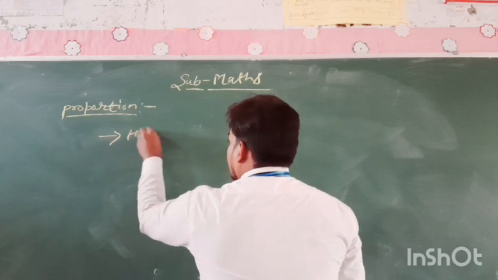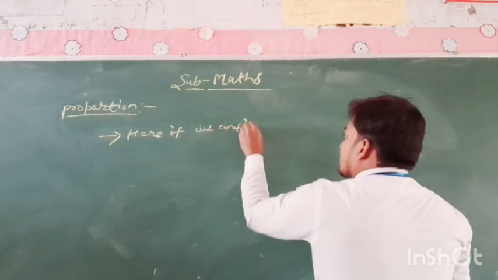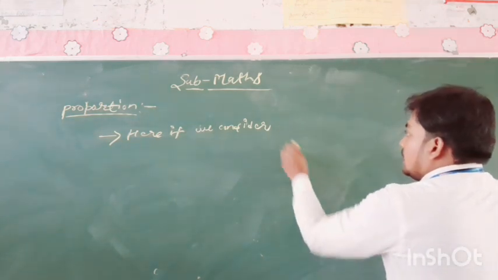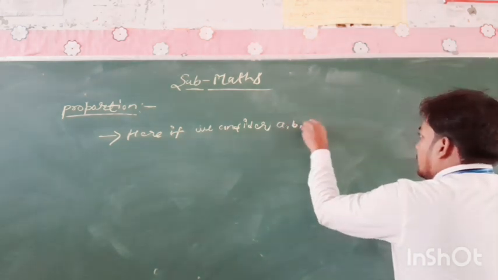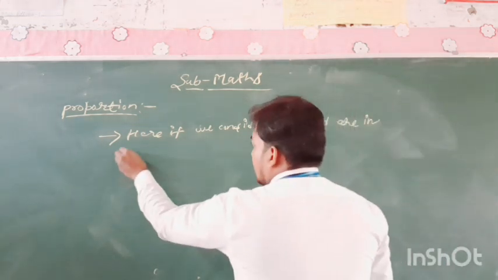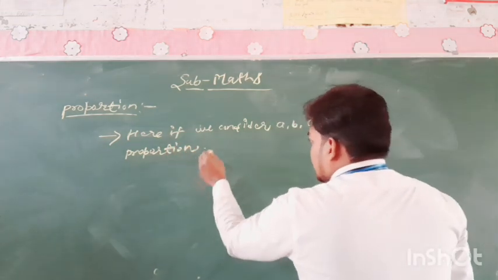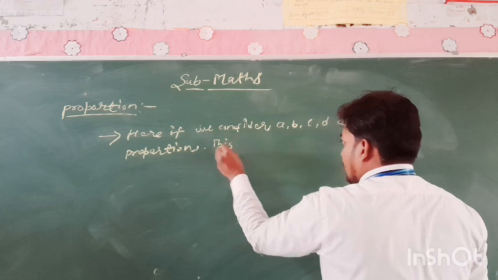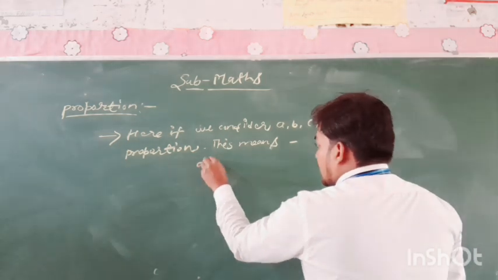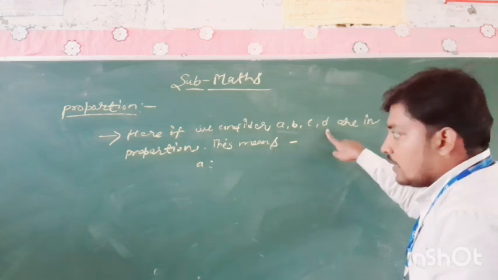Here, if we consider four quantities or four terms, which are A, B, C and D, are in proportion, this means A ratio B, the ratio of the first two terms, is equal to the ratio of the last two terms.